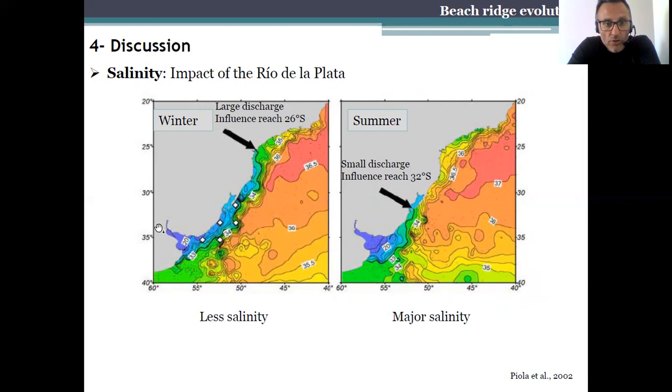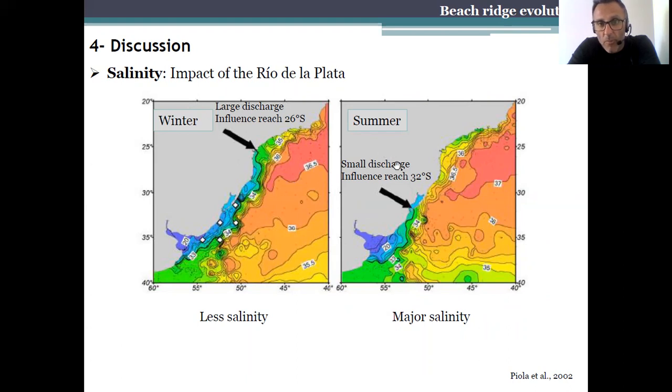If you look at the present influence of the Rio de la Plata on the salinities of the coastal sector in Argentina, Uruguay, and Brazil, you can see that in winter, when the discharge of the river is the largest, the influence of this river on the coastal salinity reaches 26 degrees south latitude.